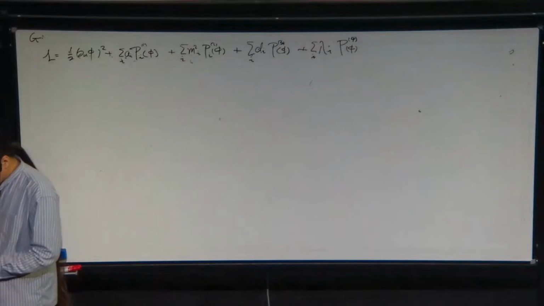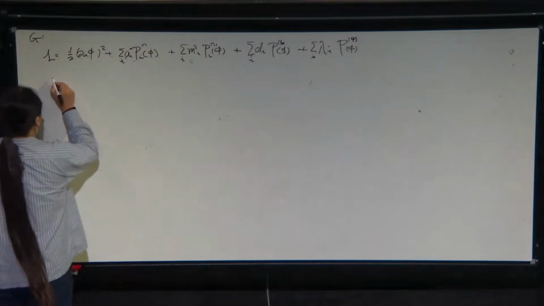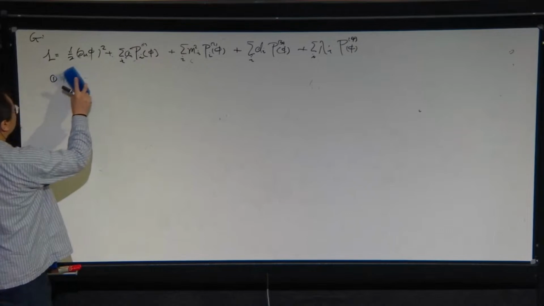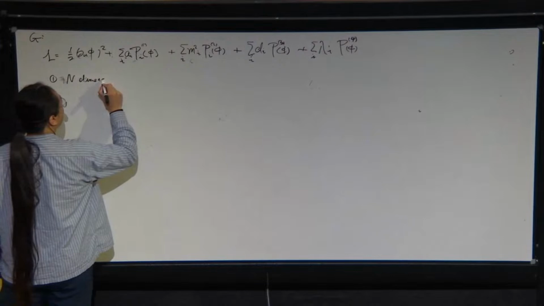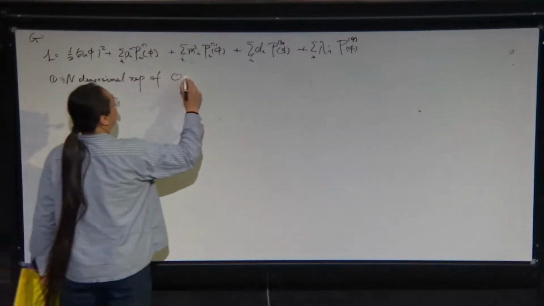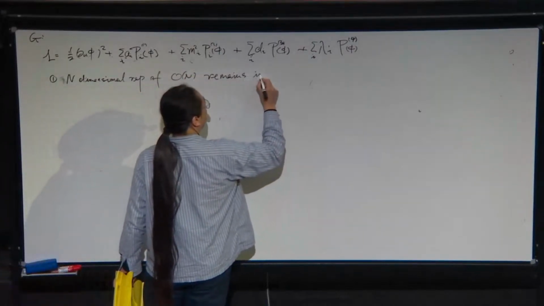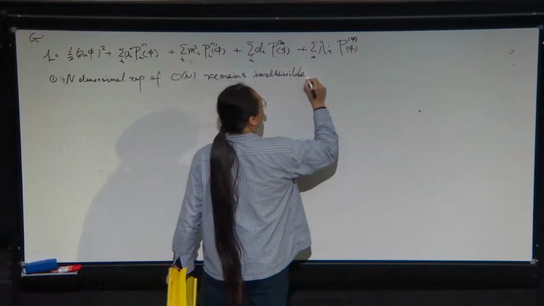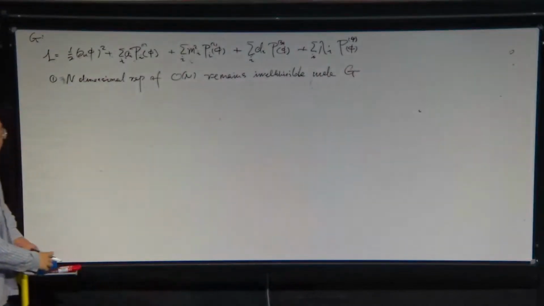We are going to impose 2 conditions. One condition is that the n-dimensional representation of O(n) remains irreducible under this group G. Why do we want to impose that?